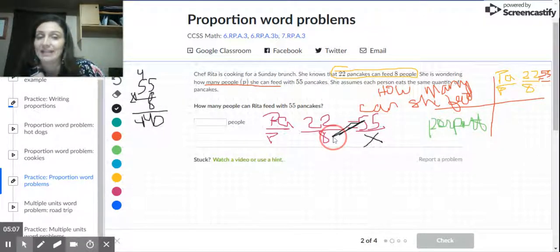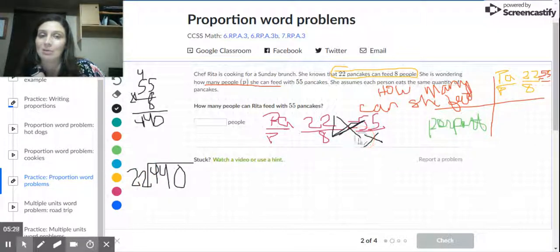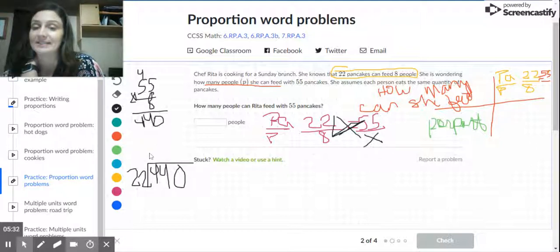I then have to take that answer and divide it by the only other number. So I would come down, give me room to work, 440 divided by 22, which is my only other number that I haven't done anything with yet. And then it will equal my answer. Cross multiplication there, okay? 22 does not go into 4, but it goes into 44.